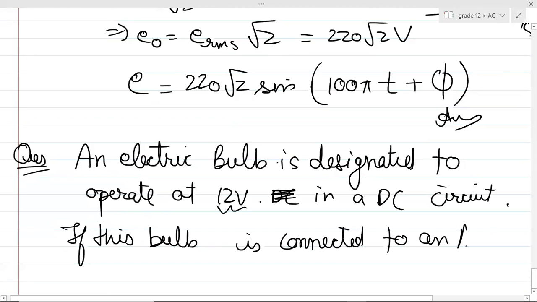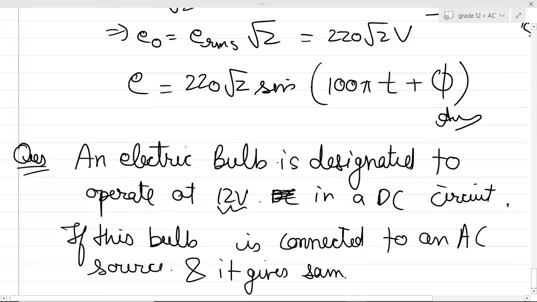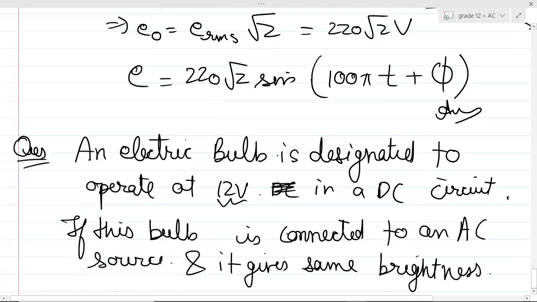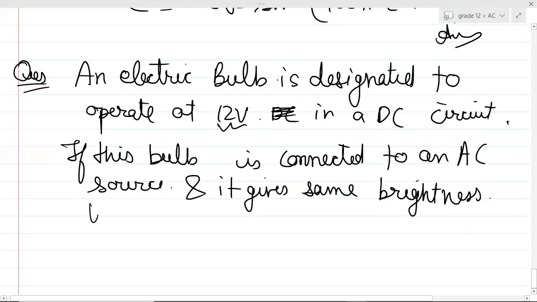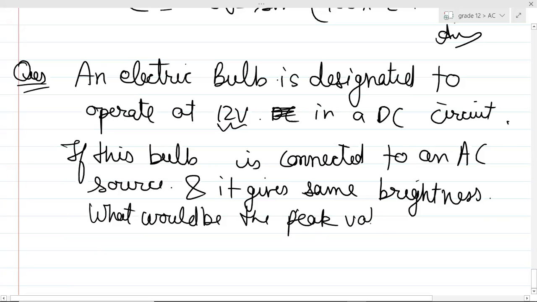to an AC source, and if it gives the same brightness, then the question is, what would be the peak value of the alternating EMF?